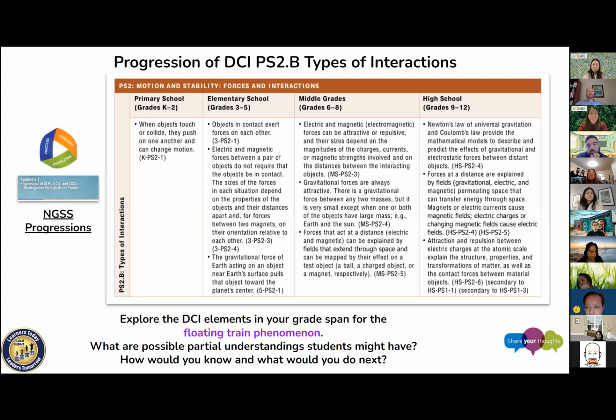We tend to look at things through the lens of what grade we're teaching, what age, but you're going to see that this is something that, at least from grades 3 to 5, you're seeing how this maglev train is connected. So we're asking you to think about what possible partial understandings might your students have, and how would you know that, and what might you do next? So we'll just do a quick read through, maybe identify your element.